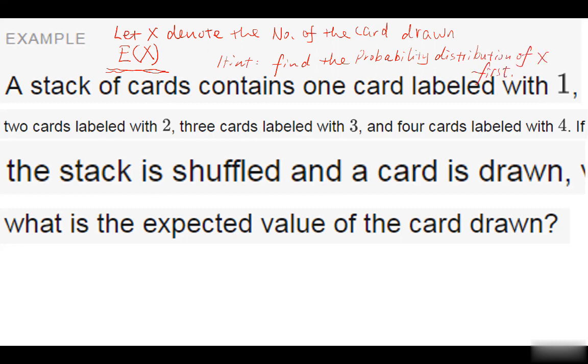Okay, I'll leave 5 minutes for you to solve it by yourself. Okay, as I said, you need to find the probability distribution of X. What are the possible values and what are the corresponding probabilities?